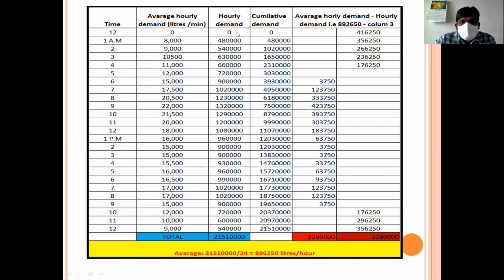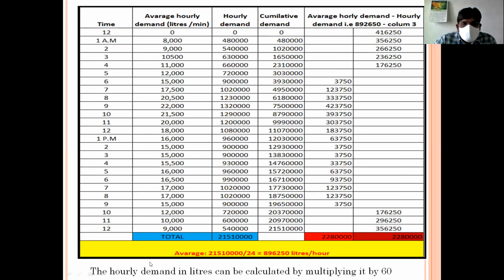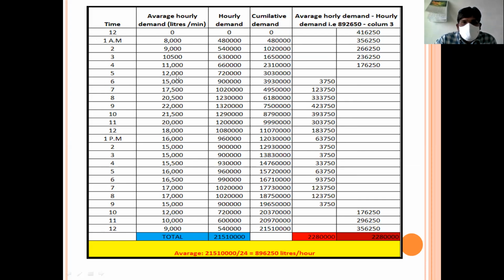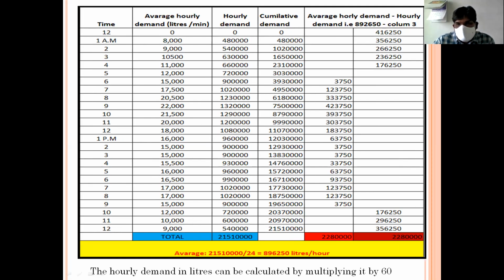Now, the hourly demand. How can we get this hourly demand? I wrote the point: the hourly demand in liters can be calculated by multiplying by 60. See how we got it: 8,000 into 60, because that is an empirical formula.